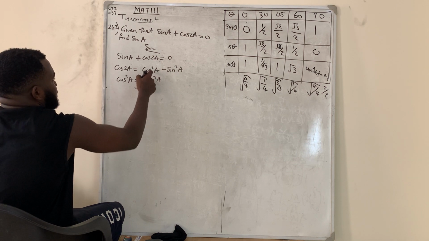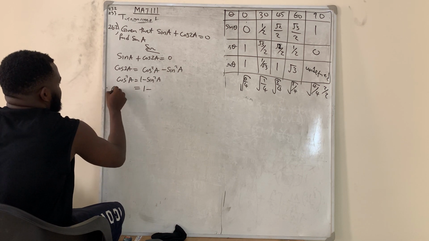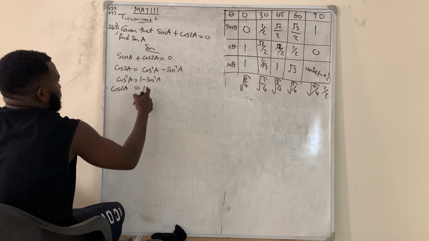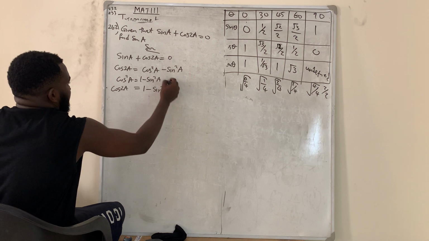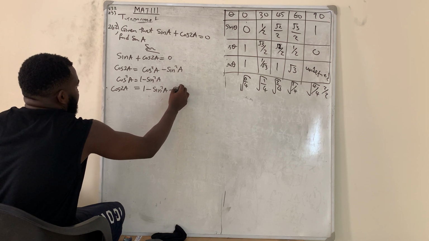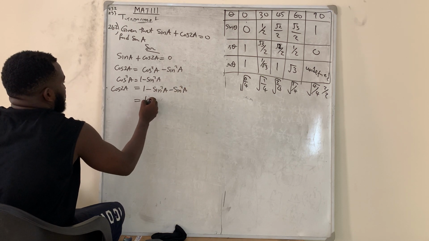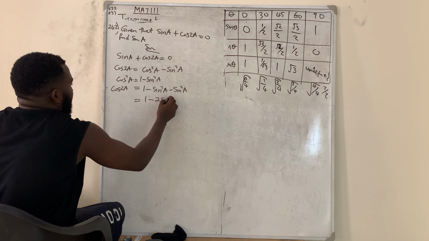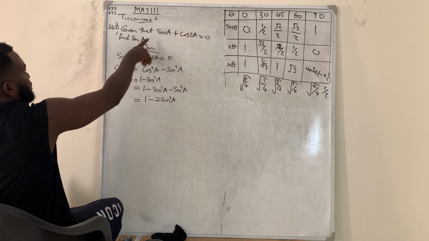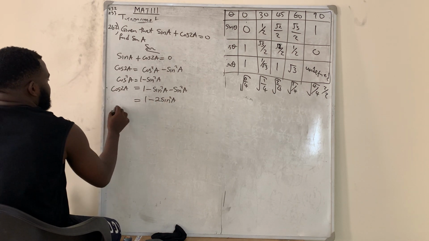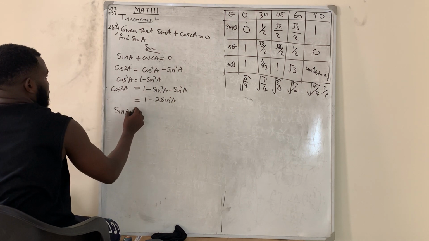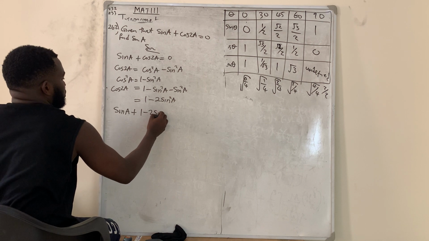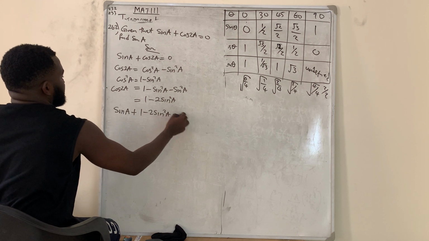You should know that cos squared A is equal to 1 minus sine squared A. So cos 2A is equal to 1 minus sine squared A, then minus another sine squared A, which will give you 1 minus 2 sine squared A. So you now put it in that equation. My equation said sine A plus 1 minus 2 sine squared A is equal to 0.